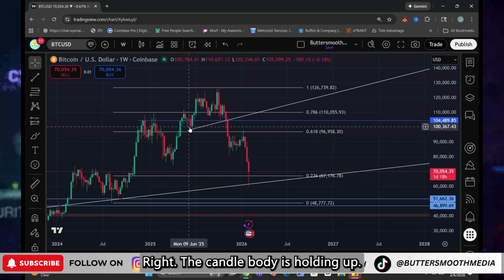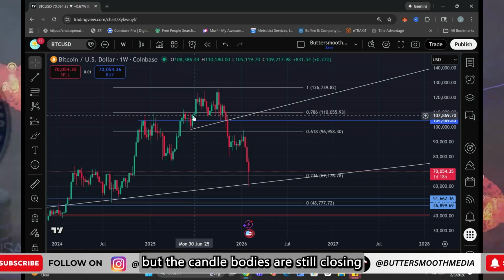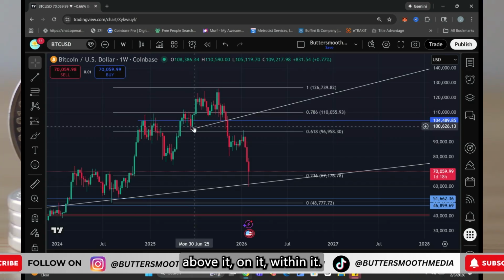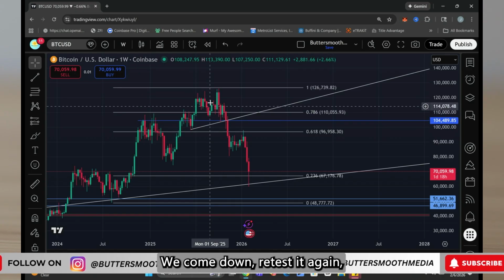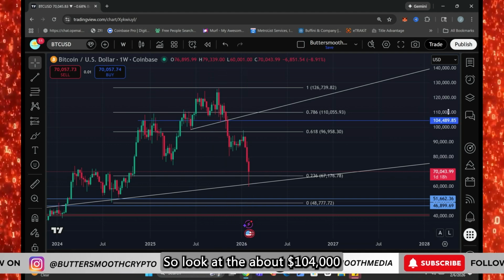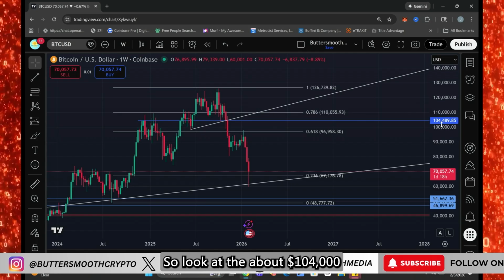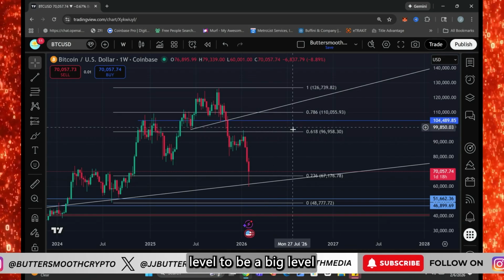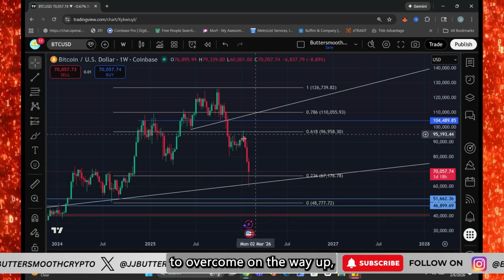The candle bodies are holding up. We may wick below it, but the candle bodies are still closing above it, on it, within it. We come down, retest it again, and then we melt below it. So look at about the $104,000 level to be a big level to overcome on the way up.